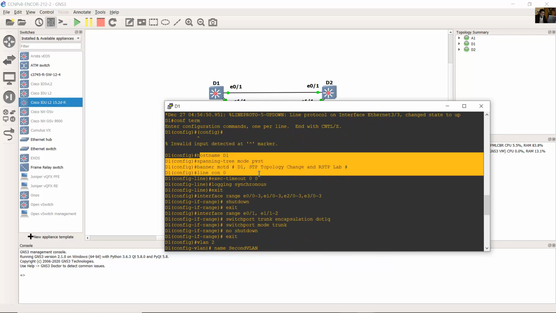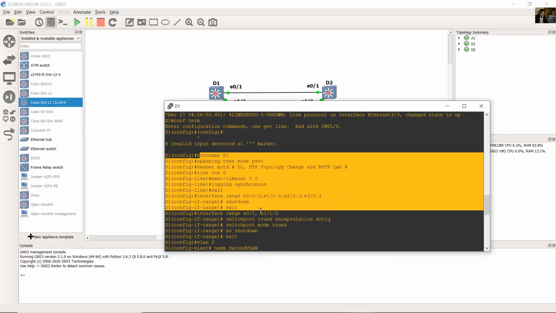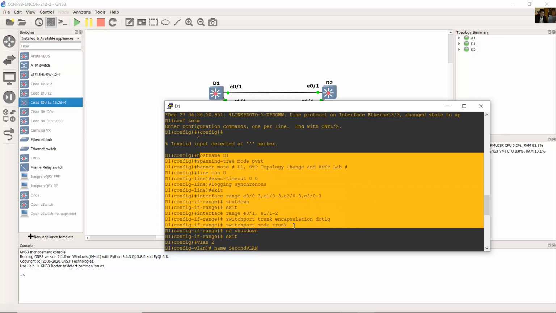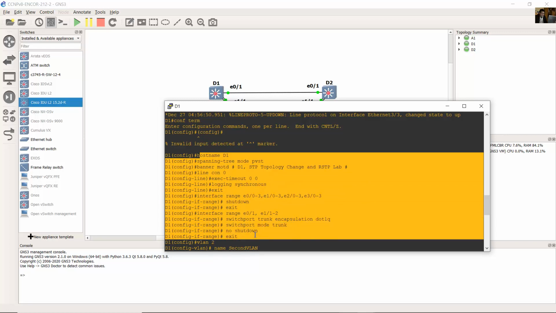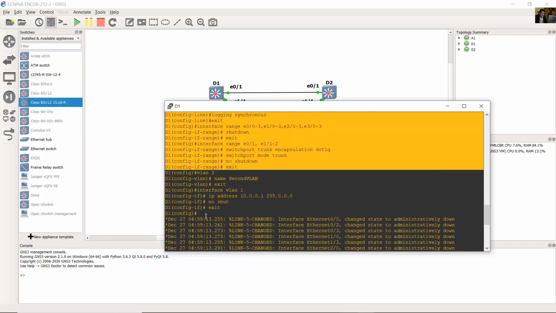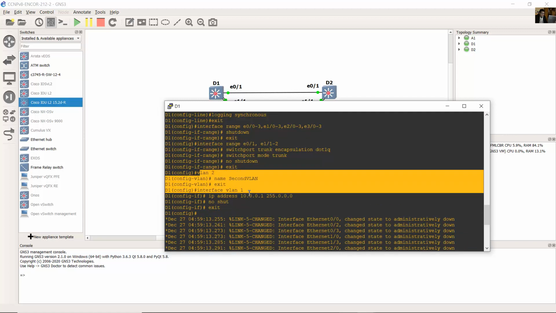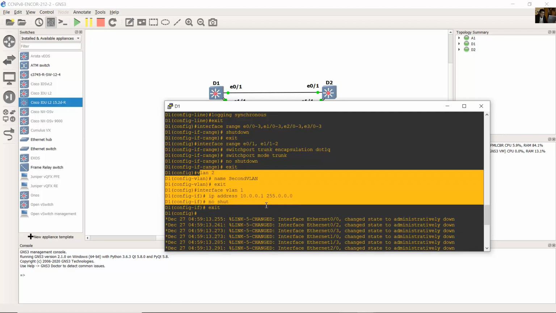Hostname, spanning tree, banner, line console, shut down all interfaces, enable trunking, and VLAN number 2, interface IP address 1.